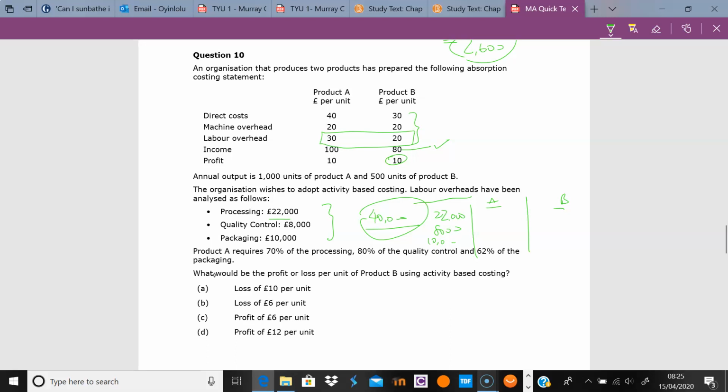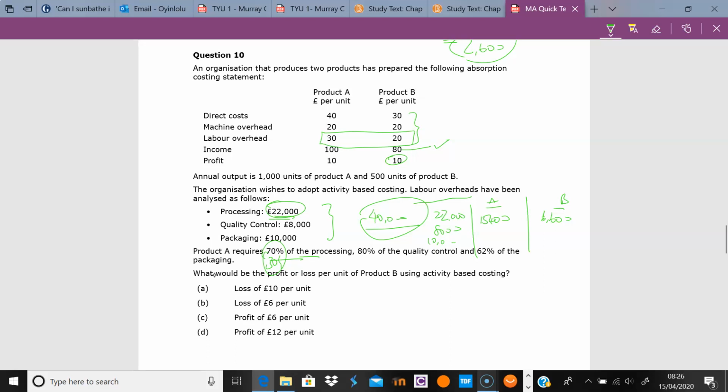So that's 15,400 for A, and therefore this must be 6,600 for B, right? Because processing 70% is for A, and therefore the 30% must be for B.